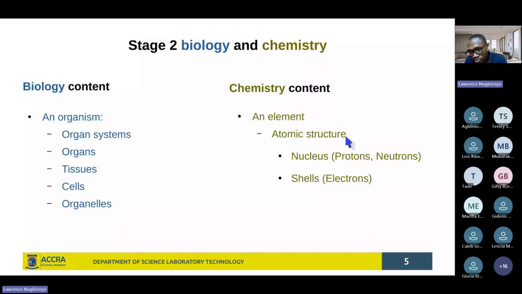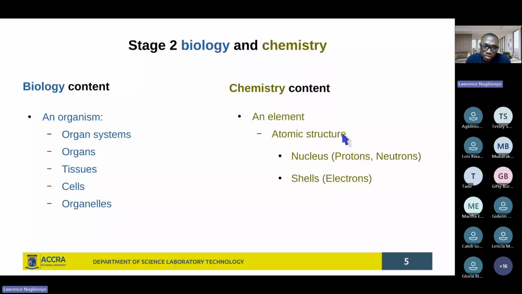That's what is going to come together to give you the molecular weight of that element. And then you have the nucleus being surrounded by shells with electrons. That's how we study the atomic structure at that stage.